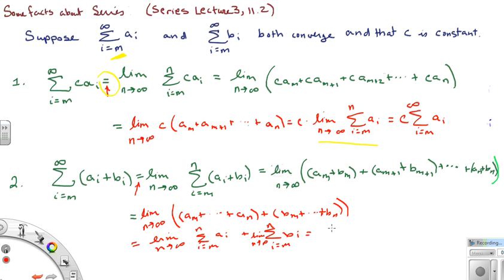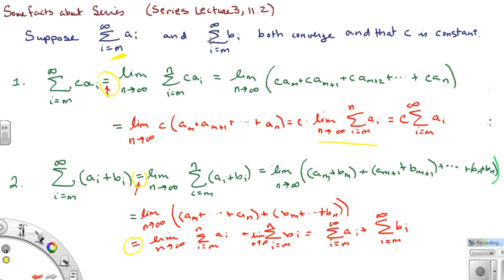Those limits, by assumption, converge to the sum i equals m to infinity of a_i plus the sum i equals m to infinity of b_i. So this equal sign held if that limit was finite. This limit here is just another way of writing this, which is another way of writing this. And this equal sign holds if both of these limits are finite, but by assumption, those limits are finite. So everything's finite, so this can be separated into that.